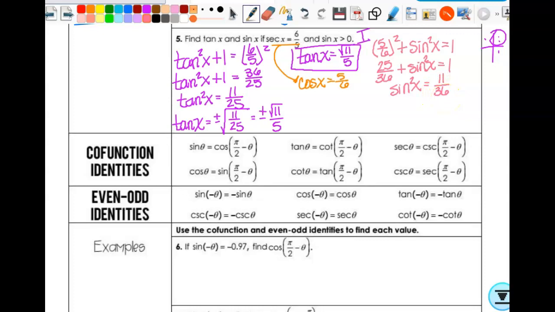So I take the square root, and I'm going to get that the sine of x is equal to plus or minus the square root of 11 over 36, which is equal to plus or minus the square root of 11 over 6. Then I have to decide, is it plus or is it minus? Positive or negative? Positive. I'm in the first quadrant, so it's the square root of 11 over 6.